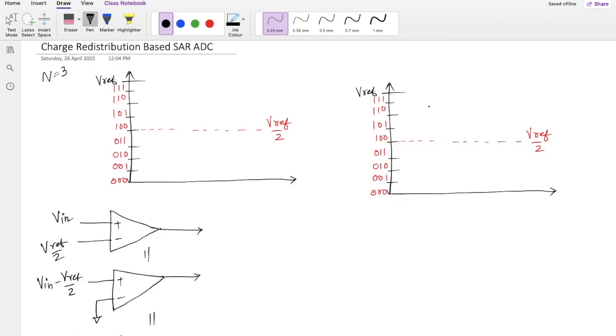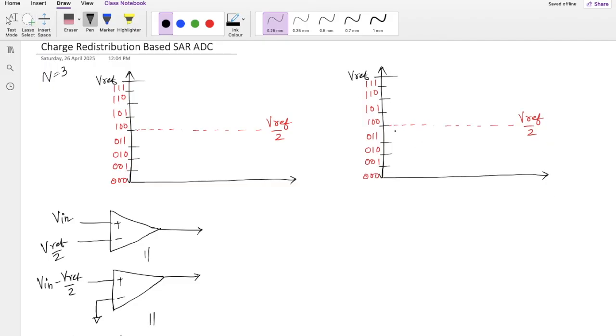Okay, the other thing that I would like to mention here is, we started with VREF, and suppose the MSB is equal to 1, we went to this point and said that the next reference voltage that I'm going to compare will be VREF by 2 plus VREF by 4.